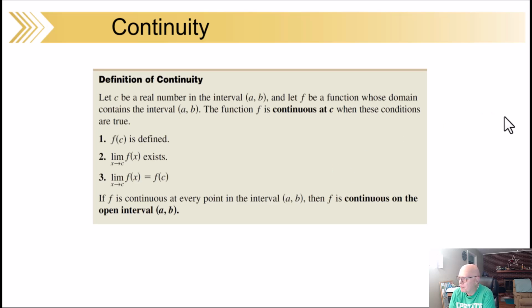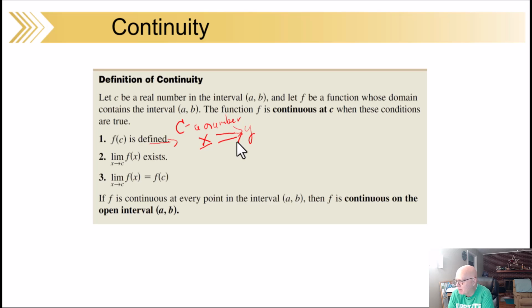First of all, remember, C is a number. And what this means is that if you pick an x, there's a y that's matched along with it. Every x you pick in the domain has a y that gets matched up with it.